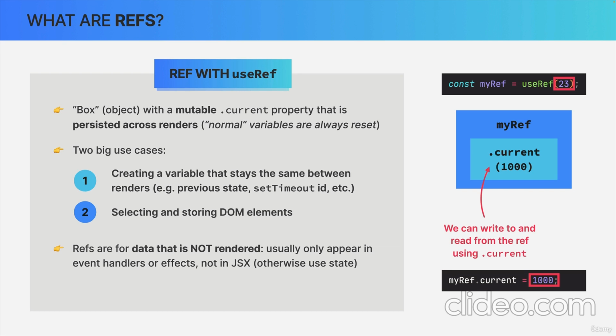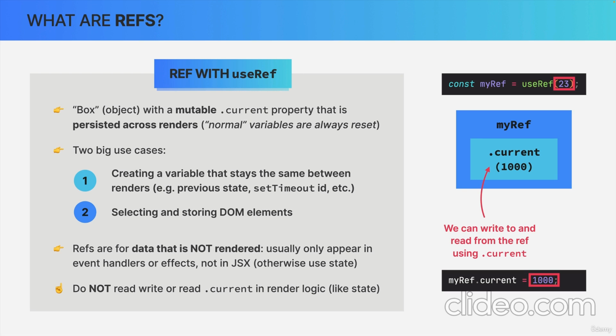If you need data that participates in the visual output of the component, that's usually a good sign that you actually need state and not a ref. And speaking of state, just like with state, you are not allowed to write or to read the current property in render logic, as that would create an undesirable side effect. Instead, we usually perform these mutations inside a useEffect hook.